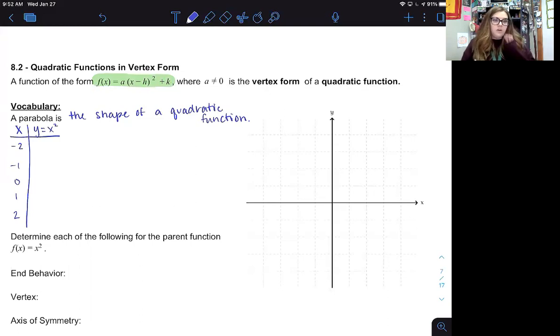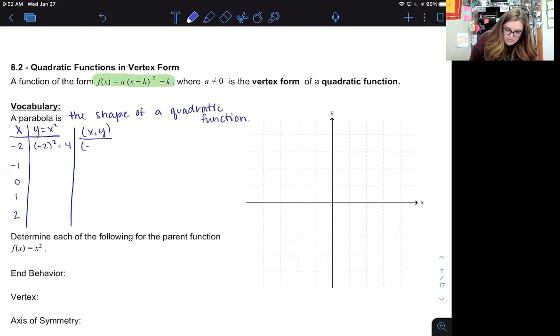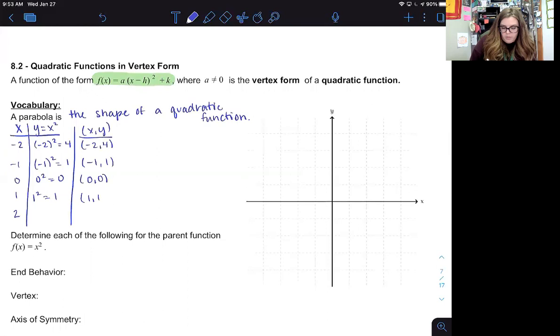Okay, so if we plug in -2, -2 squared is 4, so our ordered pair becomes -2, 4. -1 squared is 1, so we have the ordered pair -1, 1. 0 squared is 0, so we have the ordered pair 0, 0. 1 squared equals 1, so we have the ordered pair 1, 1.